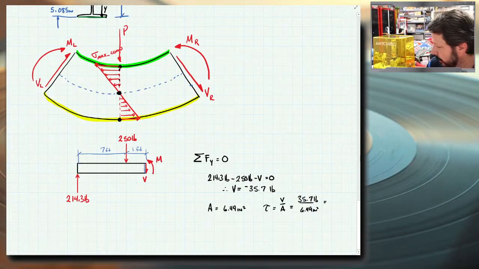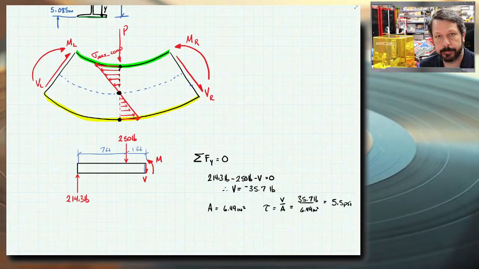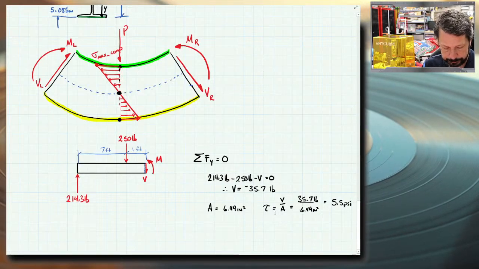I'm going to drop the negative sign off since it doesn't matter. It's just a shear stress. 35.7 divided by 6.49, 5.5 psi. So essentially nothing. And that's typically what's going to happen: these shear forces are small compared to the beam itself, and so they're not usually going to be the mode of failure.